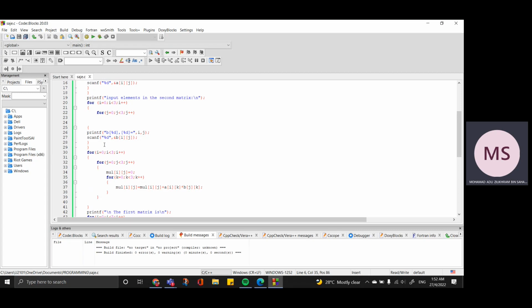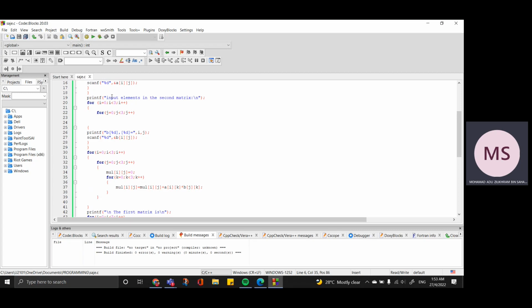Then printf b[%d][%d] equal to, scanf %d, and b[i][j]. This is important to make sure we do not make a simple mistake by swapping b and a, because in the first place a is the first matrix and b is the second matrix.